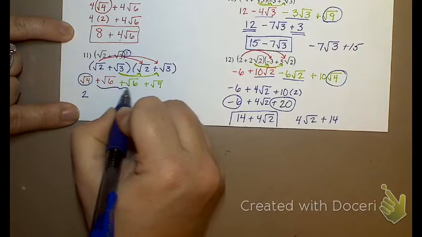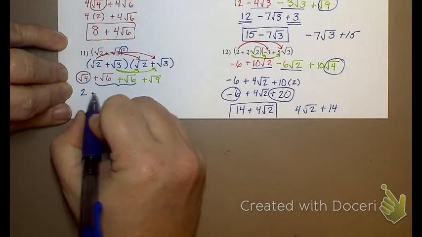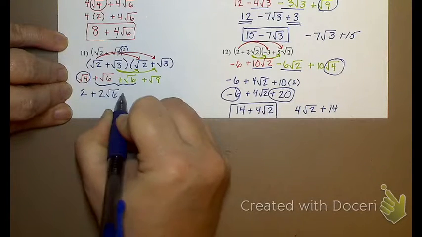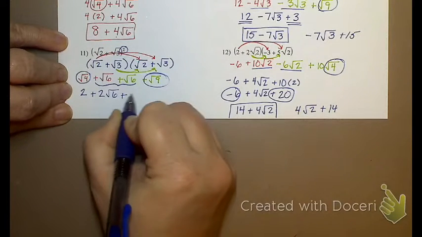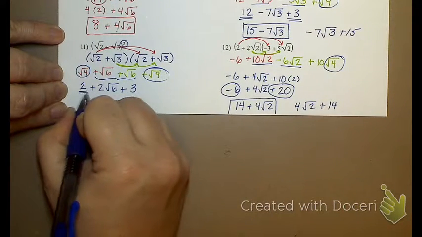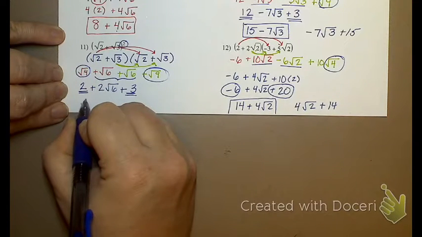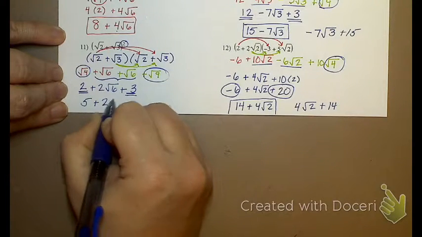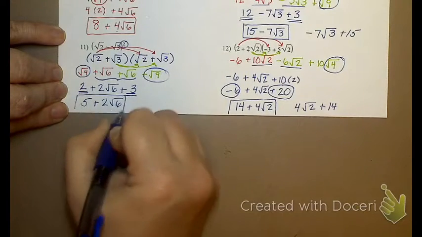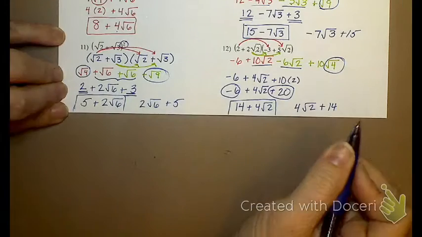Here are my like terms. What do I get when I have radical 6 plus radical 6? 2 radical 6. Wasn't that the same as problem number 1? Plus 2 radical 6 plus, what is radical 9? 3. Last thing I'm going to do is combine these last two like terms, 2 and 3. What is 2 and 3? So I have 5 plus 2 radical 6, or if you wrote it the other way, what would you have? 2 radical 6 plus 5.